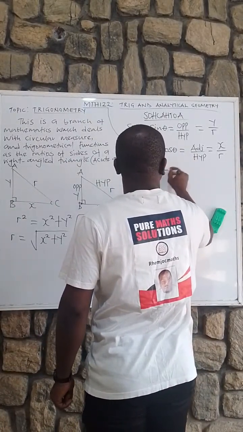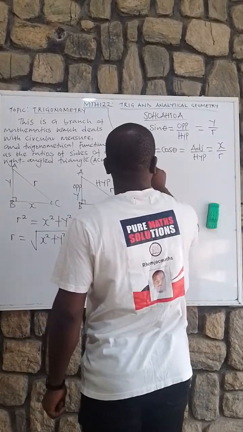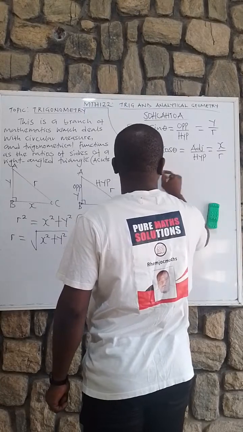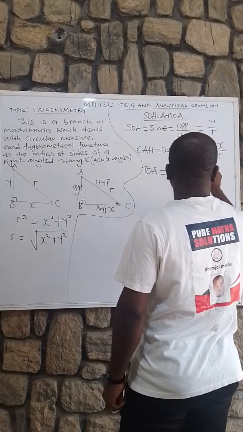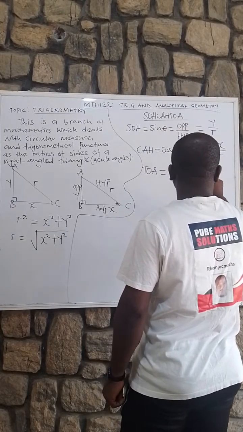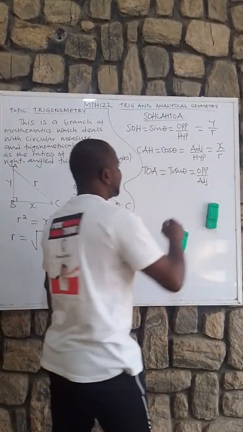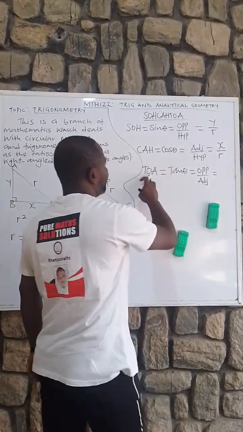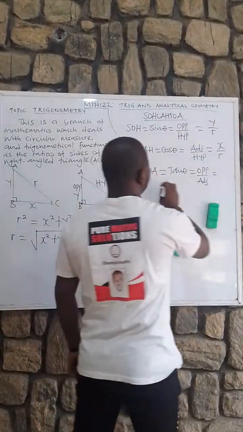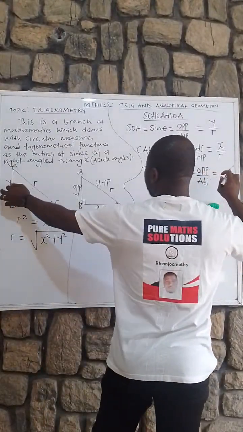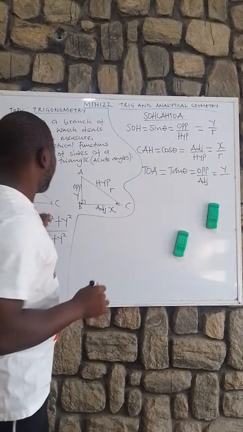The last but not the least is tan theta, that is TOA. TOA means tan theta is opposite all over what? Adjacent. True or false? Opposite is y, then adjacent is x, right?